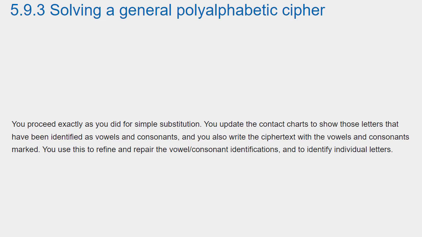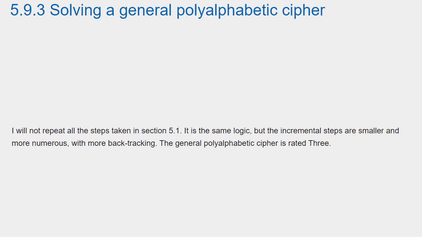You update the contact charts to show those letters that have been identified as vowels and consonants, and you also write the ciphertext with the vowels and consonants marked.